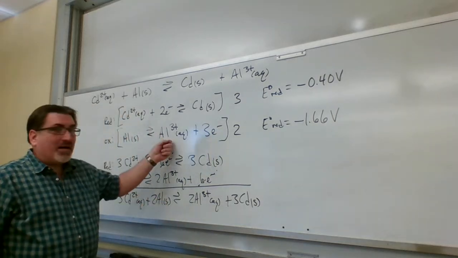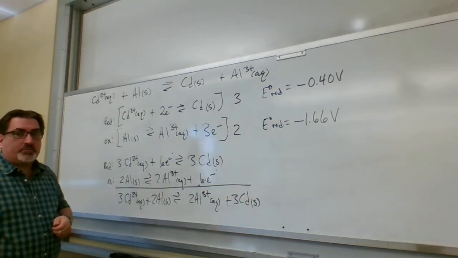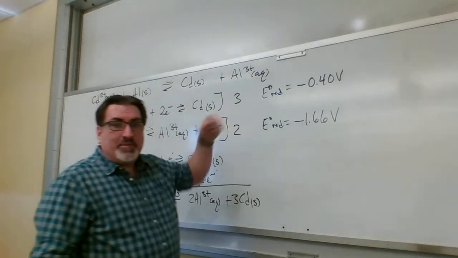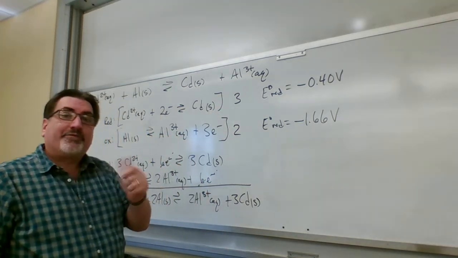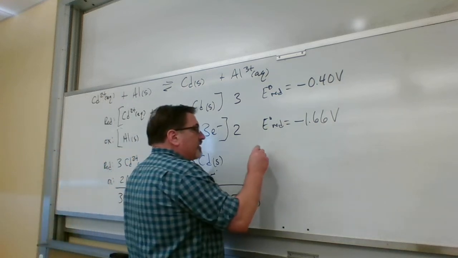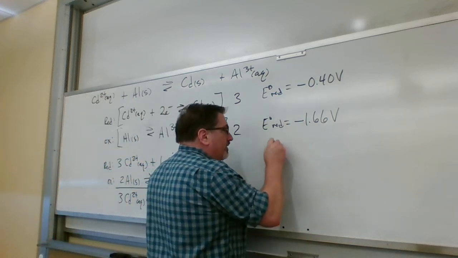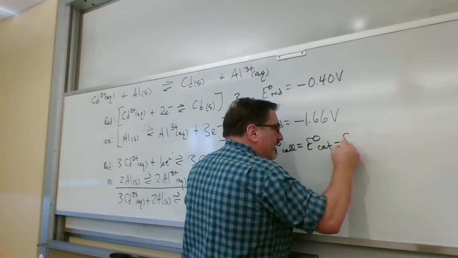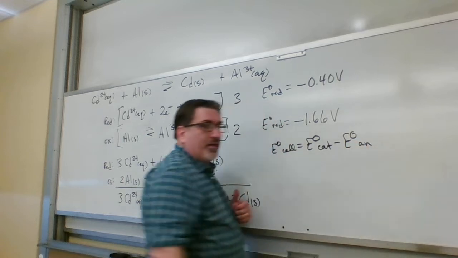Also, not a spontaneous reduction. That doesn't mean that there's no way for this cell to be spontaneous. Because remember, we're going to end up flipping the sign on one of these when we plug them into our equation. So E0 for the cell is E0 for the cathode minus E0 of the anode.